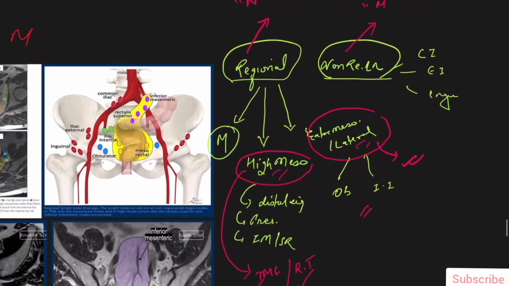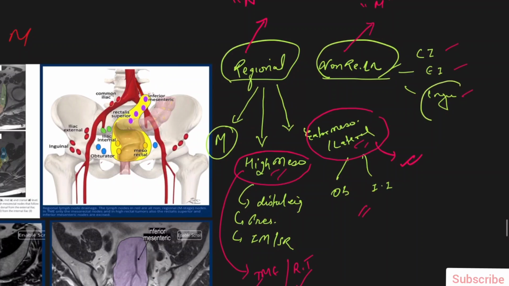Next, the non-regional nodes, included as metastasis, are the common iliac, the external iliac and the inguinal lymph nodes. One thing I would like to mention is that the inguinal group is an exception. When there is a low CA rectum, that is, involvement of the distal anal canal below the dentate line, these inguinal lymph nodes are considered regional.